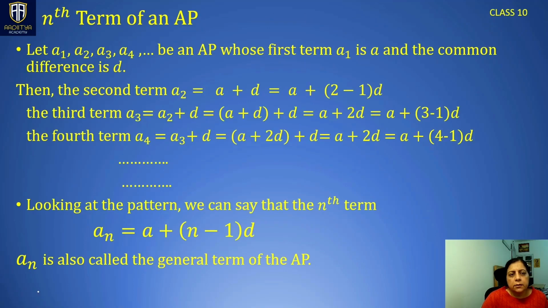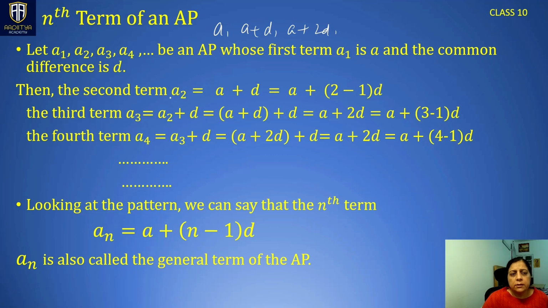So the next is the nth term of an AP. Now a sequence is generally a large set of numbers. So we have learned that the general form of an AP is given by a, a plus d, a plus 2d, and so on, right? So how do we calculate the further terms?